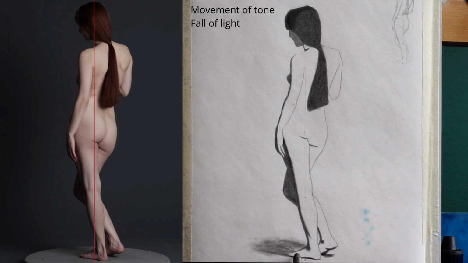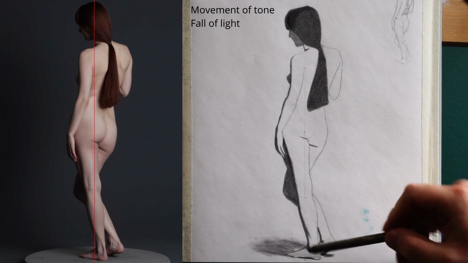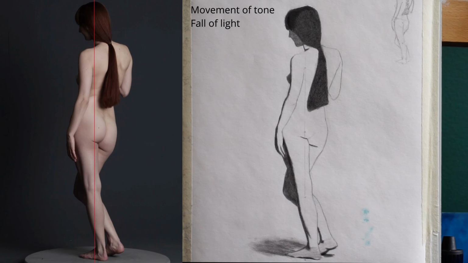So let's just start off with darkening slightly the foot area. The tone in the feet is actually pretty dark if we look at the image, so let's make it quite apparent. And again, as you can see, this stage is done mostly with the tools we have, not the pencil by itself. So maybe we can compare with the model.